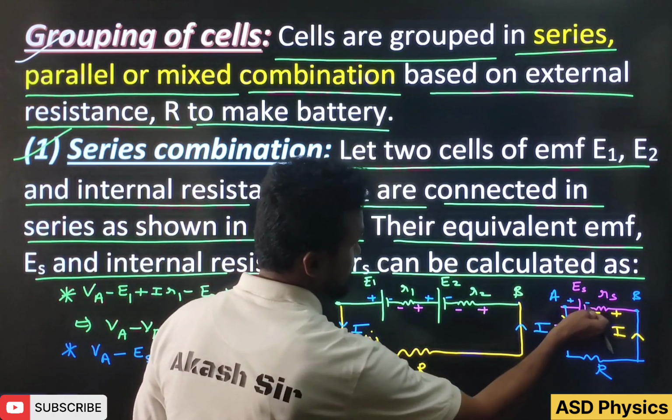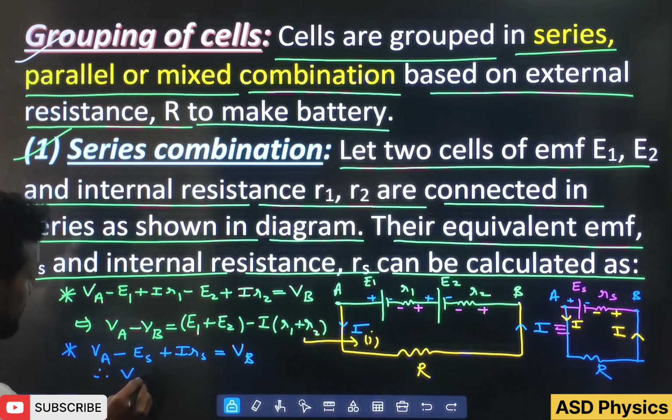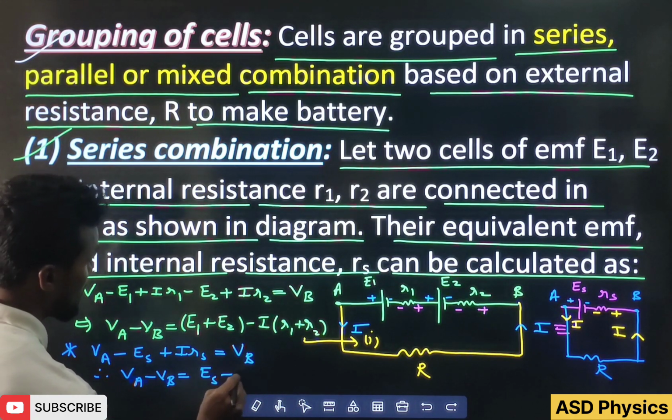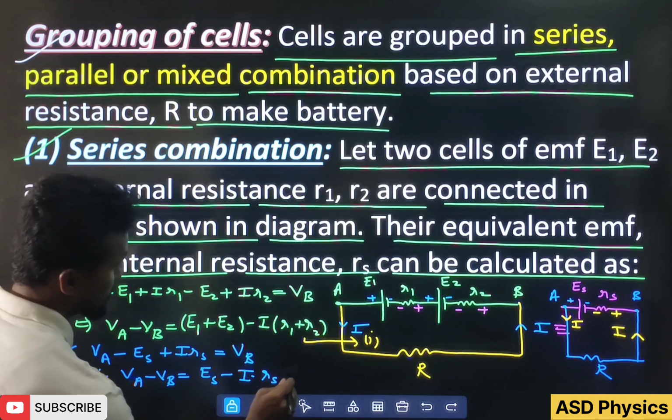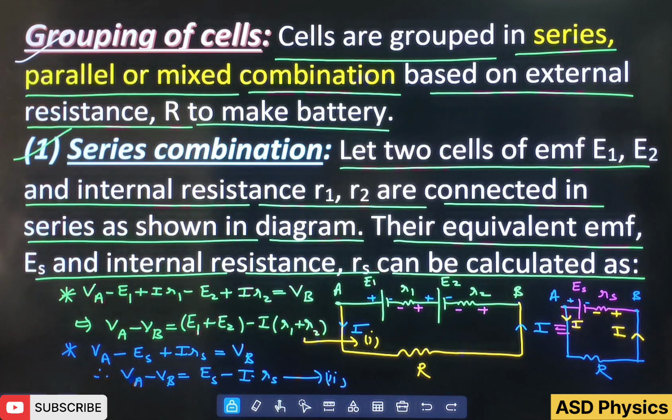Now VA minus Es plus IRs equals VB. So we can write VA minus VB is equal to Es minus IRs. This is equation 2. So students, the first equation I made from the actual circuit diagram, the second equation I made from the equivalent circuit diagram.